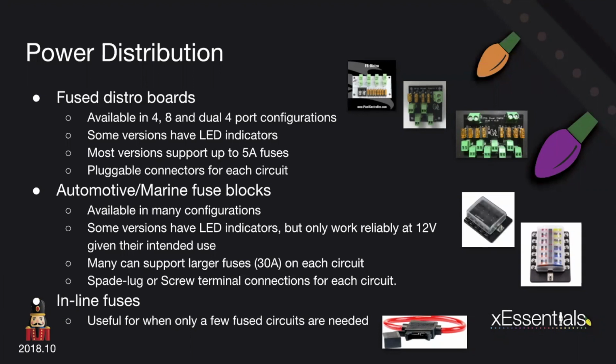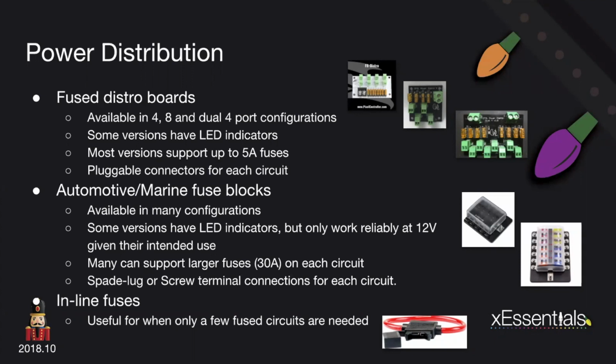A lot of the automotive ones typically are designed around 12 volts, so the LEDs may or may not light up at 5 volts. Sometimes they're really, really dim at 5 volts. And the distro boards are designed to work with both. Most of them have little pluggable connectors for each of the individual fuse lines, so it's easier to get your wires in and out of there. The fuse block ones, you kind of have to modify the ends of the wires, and it may not be as convenient to use those.